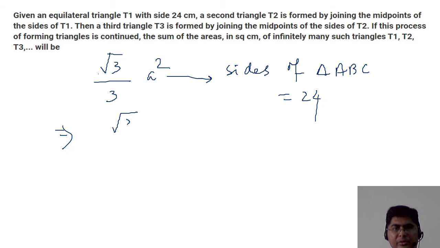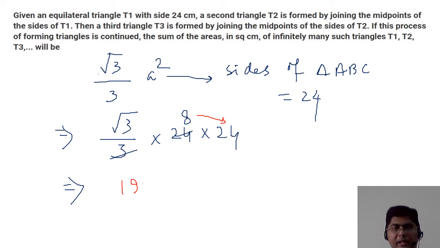So root 3 by 3 multiplied by 24 into 24. Now 3 and we can say this 8. So as a result, if you multiply 8 into 24, we get 192 root 3. Now you can check these answers with the options available and find out which is the right option. Hope this answered your questions. Thank you.